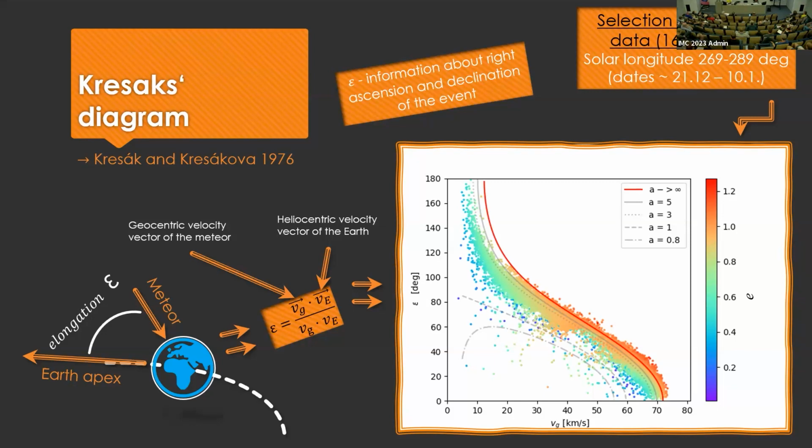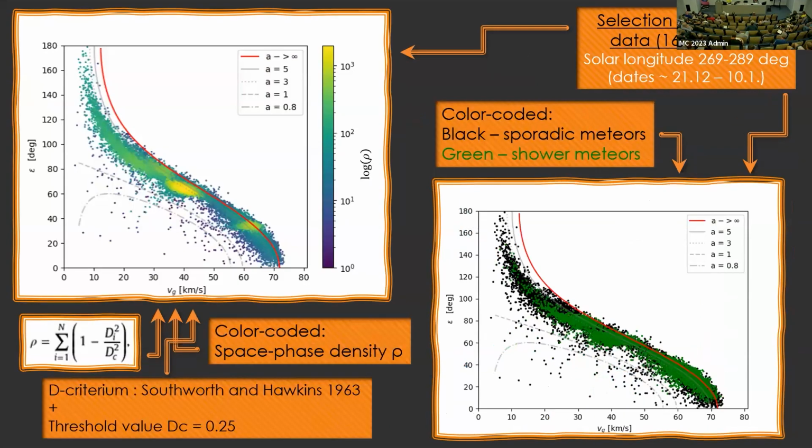So you can clearly see the red line, which is the parabolic limit. Everything above this line is hyperbolic. And EDMOND is actually one of the databases which incorporated quality filters to filter out the bad, inaccurate orbits, but we are still left with about 6% of hyperbolic meteors, and this includes shower meteors.